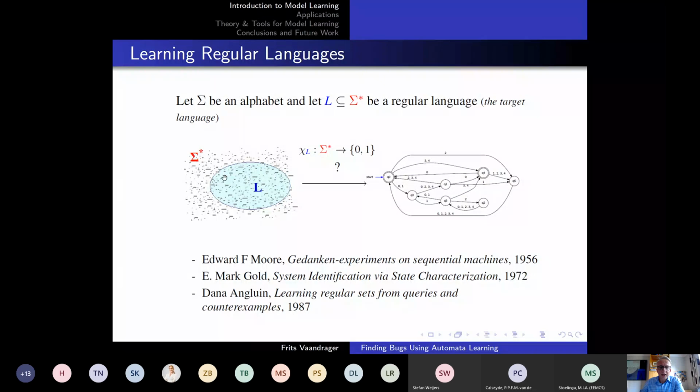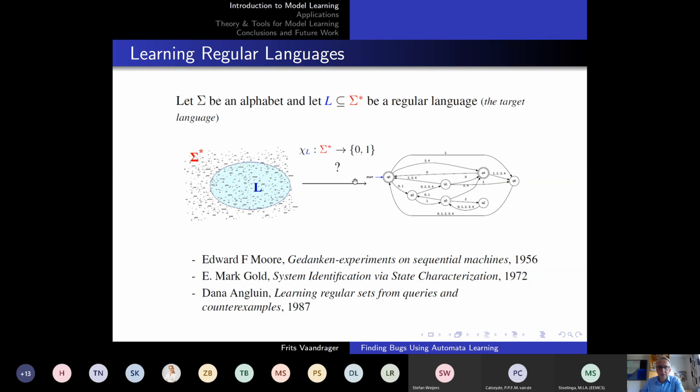We are given a language L, and elements of L are finite sequences over some alphabet sigma, so they're finite words. And each word is either in the language or not. So we can represent this language by a characteristic function, which labels any word as either belonging to the language, 1, or not belonging to the language.